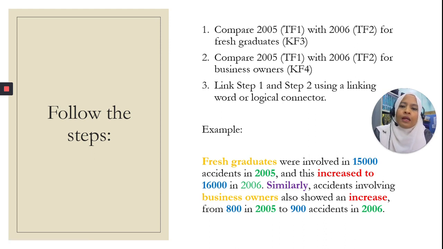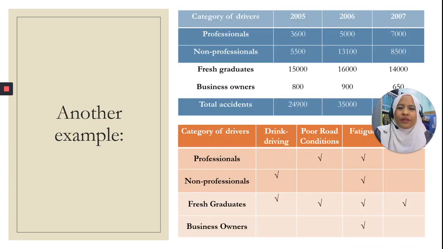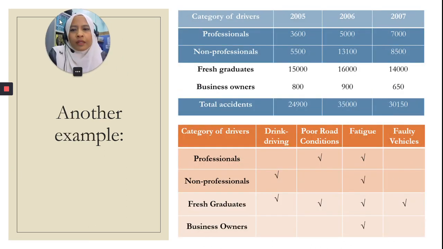Let's look at another example. Now, in this example I use the first table, the same table as before, but in this question you are given another table to compare between these two. But they are connected to each other. So remember the first table just now?